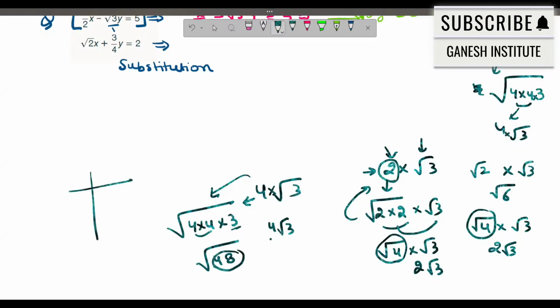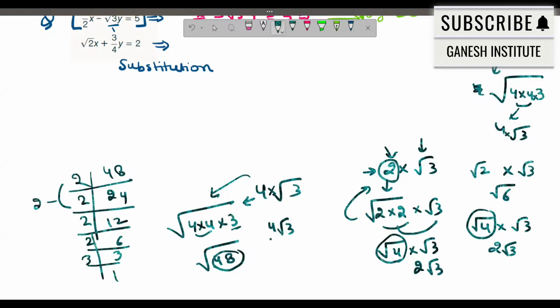So how do you simplify it? 2 2s are 4, 2 4s are 8. You take LCM, 2 1s are 2, 2 2s are 4, 2 6s are 12, 2 3s are 6, 3 1s are 3. So I'll see that this is in pair, it will come out as 2. This is in pair, it will come out as 2 and 3 will be remaining. So it will be 2 2s are 4 root 3, right? 3 will be inside only. Are you getting my point?